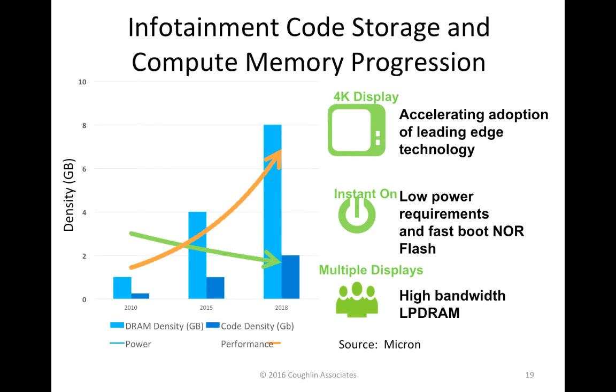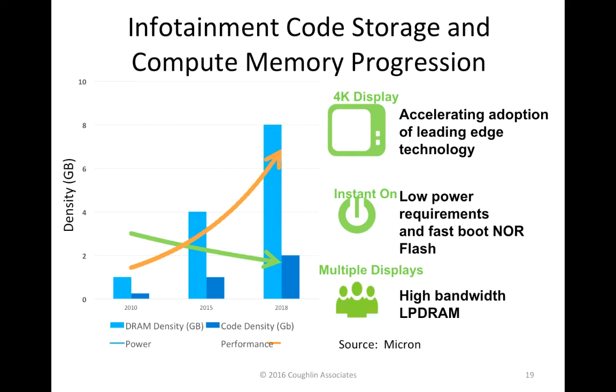Looking particularly at the infotainment code storage and the compute memory storage, where the code storage is where, of course, the code that runs the device is kept, and the compute memory is the available memory for doing on-site processing. We can see a chart here on the left-hand side where we're showing the increase in the DRAM density, that is the overall compute memory density, and the code density projected from 2010 out to 2018.